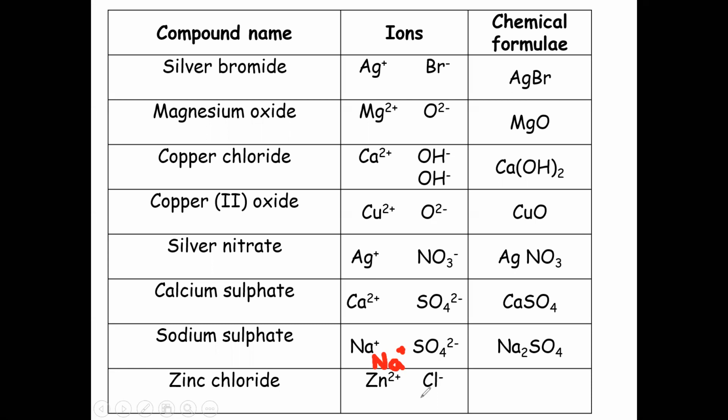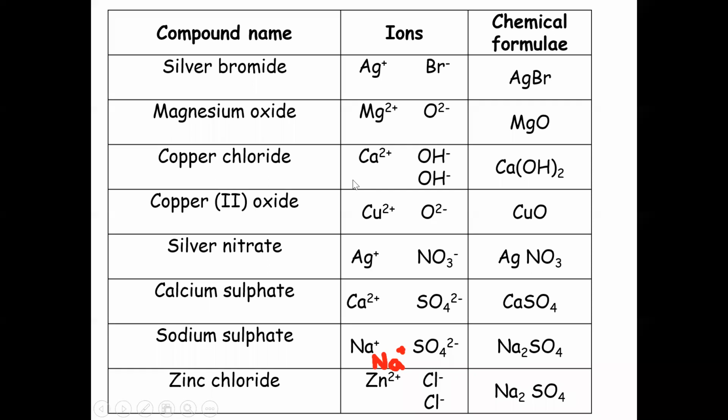And then finally, zinc chloride, because zinc is 2+ and chloride is 1-, you actually need an additional chloride ion to cancel out the 2 positive charges on the zinc, for which reason, oh, that's again an error there.